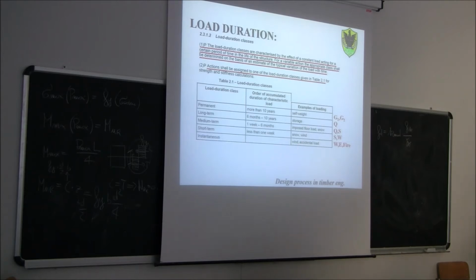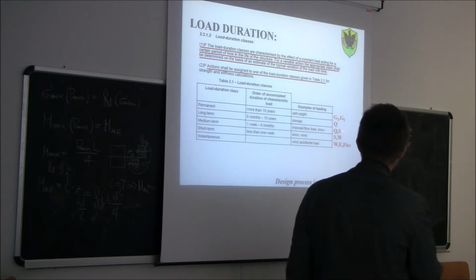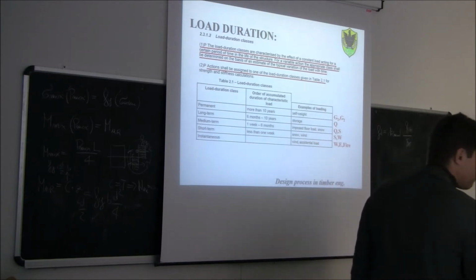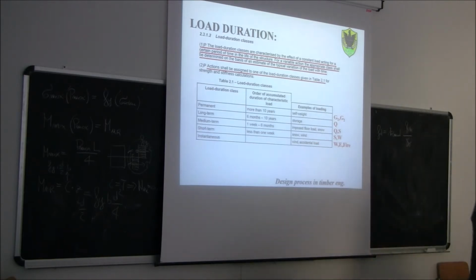If you are below 1,000 meters, usually we assume that the snow load is a short-term one, so it stays there less than 1 week. Because usually, even in the center of L'Aquila, which is less than 1,000 meters, it's very random to have a snowfall which stays there with the characteristic value we're talking about, not just 10 or 20 centimeters.